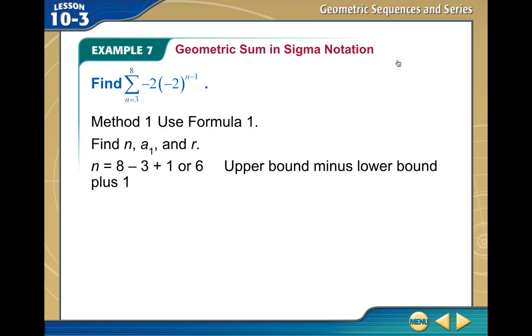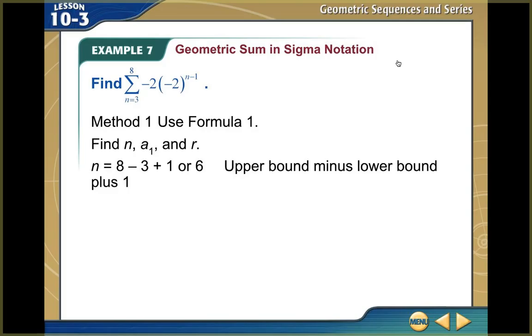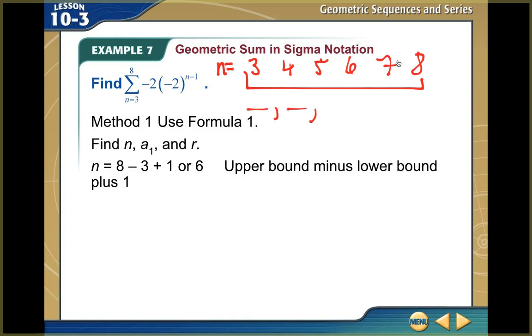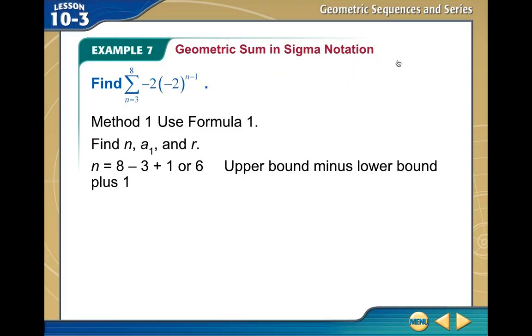And if we were to just count them up, right, so n equals 3, 4, 5, 6, 7, 8, right? I'm getting 6 terms. Those are the things that I would get in my expression. And so when I am subtracting them, I want to make sure that I've accounted for that and I get my 6 terms there. That's where the 6 is coming from.